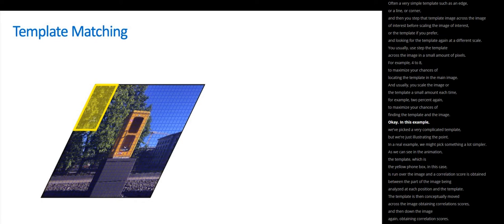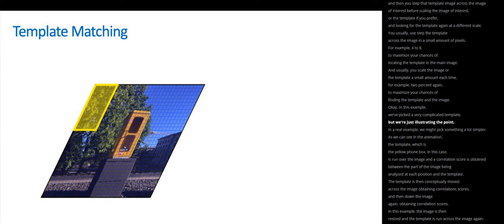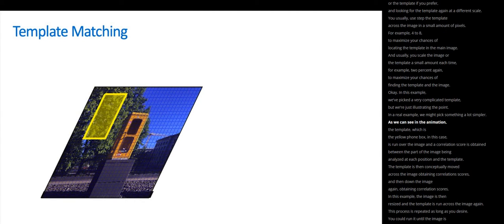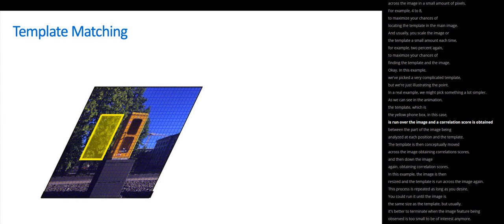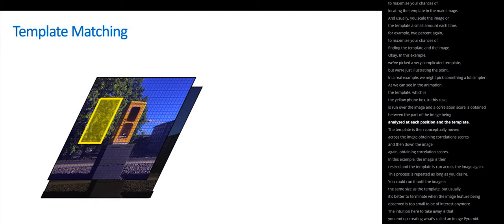Okay, in this example we have picked a very complicated template, but we're just illustrating the point. In a real example we might pick something a lot simpler. As we can see in the animation, the template, which is the yellow phone box in this case, is run over the image and a correlation score is obtained between the part of the image being analysed at each position and the template.